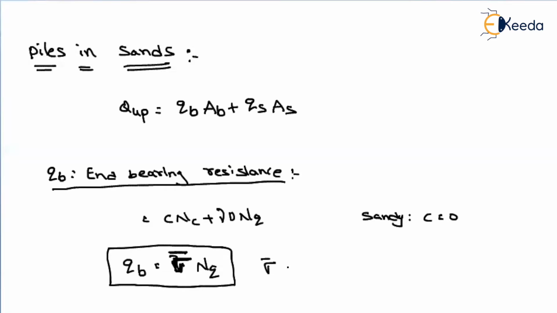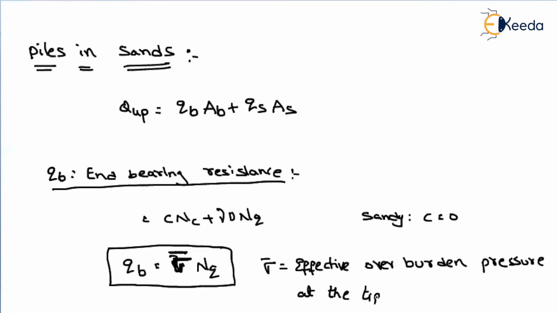What is sigma bar? That is nothing but the effective overburden pressure at the tip of the pile. And the Nq value, they will mention in the question. No need to remember anything. Okay, this is the end bearing resistance.